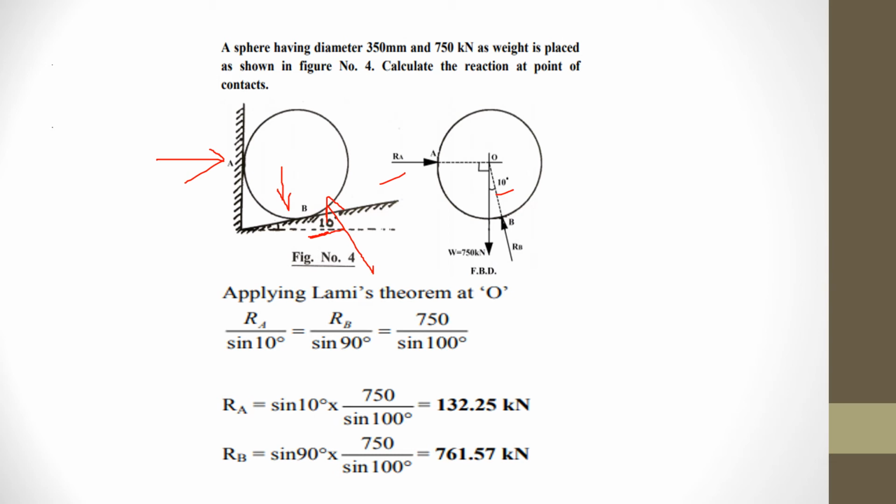So for finding RA, we will use this formula: sine 10 into 750 divided by sine 100, we will get RA as 132.25 kilonewton. For finding RB, use this formula: RB equals sine 90 into 750 divided by sine 100. So RB is 761.57 kilonewton.